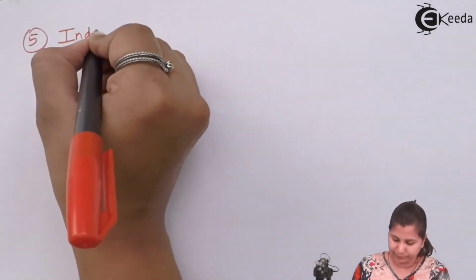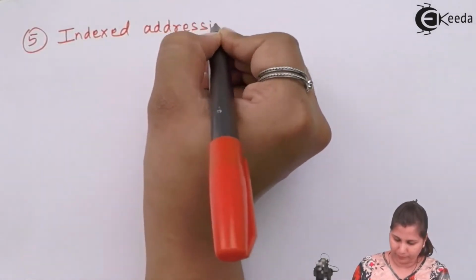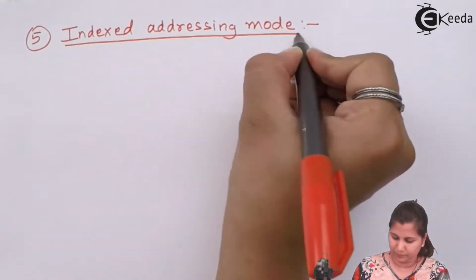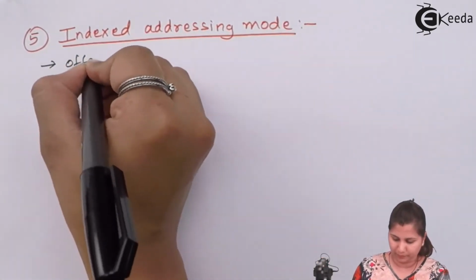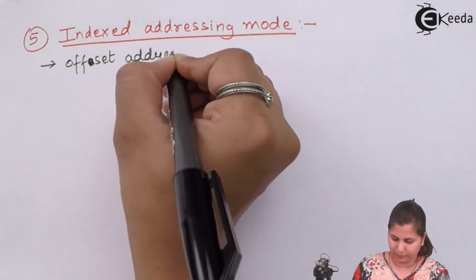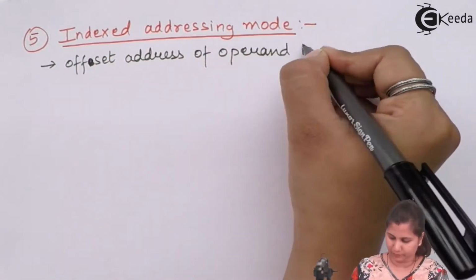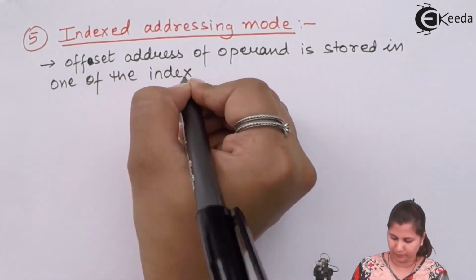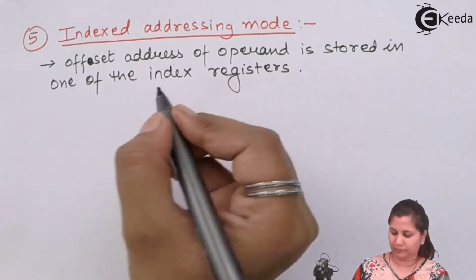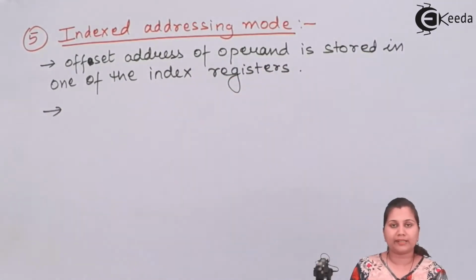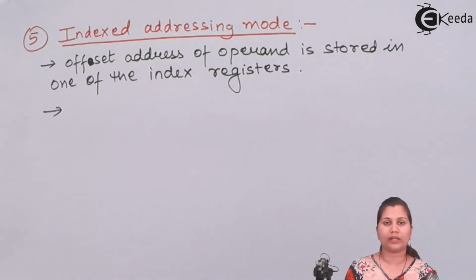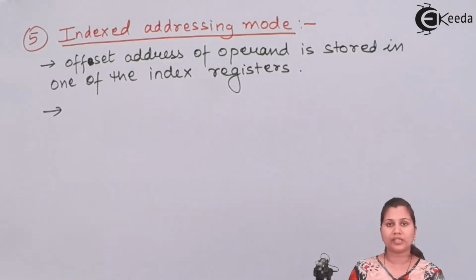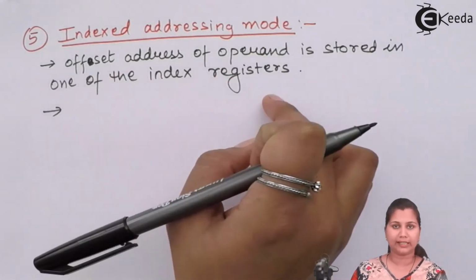Next, we have the next addressing mode as the indexed addressing mode. So in the indexed addressing mode, the offset address where the data is stored is stored in one of the index registers.